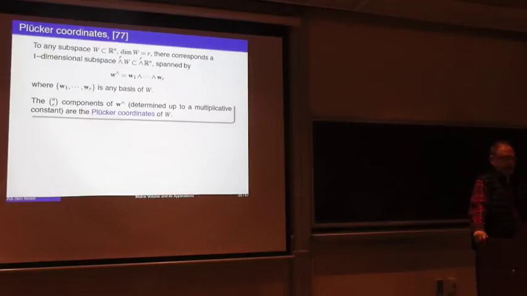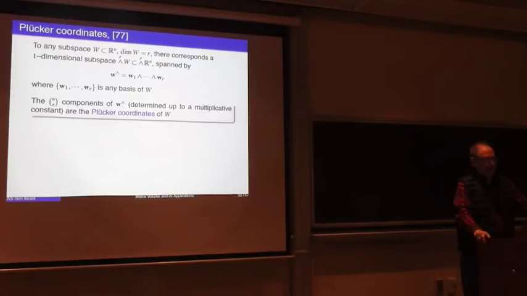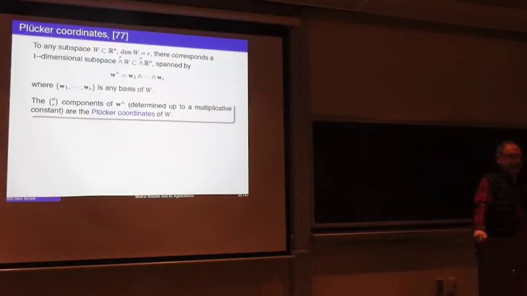Plücker worked in projective geometry, but one of the results is that if you have a subspace in Rn, then it can be represented by a line, a one-dimensional subspace in the wedge product of Rn, and it is denoted like this, W wedge. All it is is the exterior product of any basis of W, so it is determined up to a scalar.